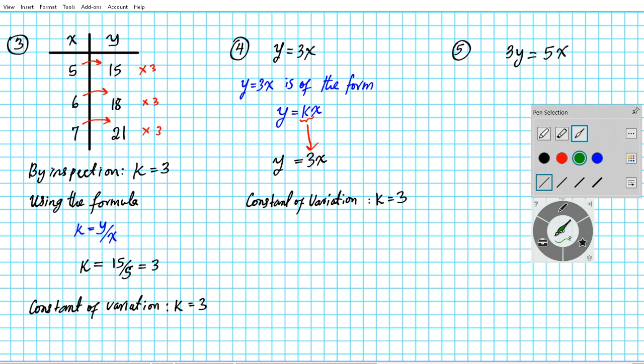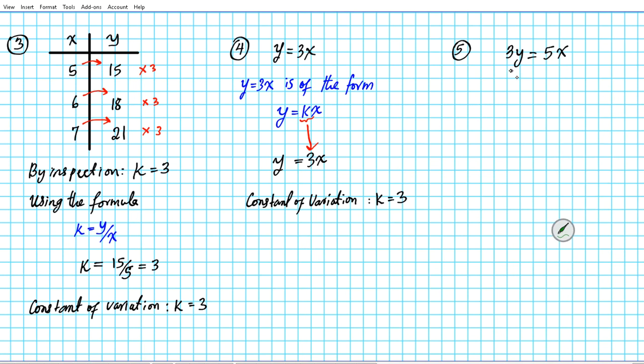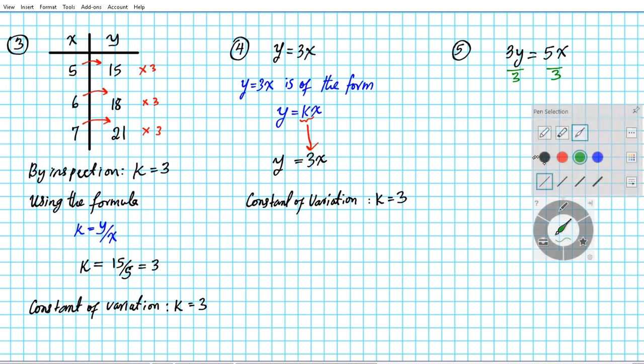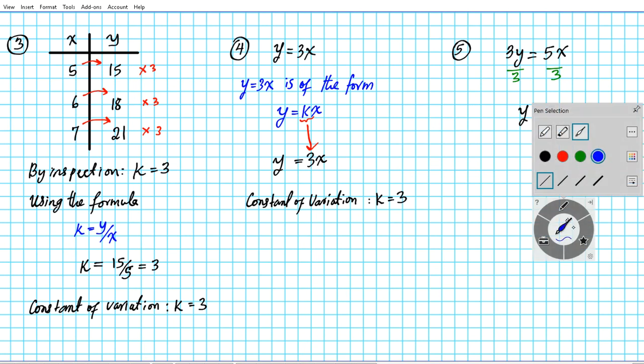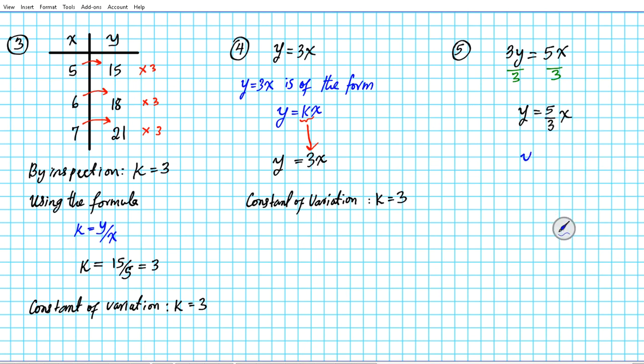How do we accomplish that? Simply isolate y. If we divide both sides by 3, we're going to have y equals 5 over 3 x. This is a direct variation because it's of the form y equals kx. Let's write down the formula underneath: y equals kx.